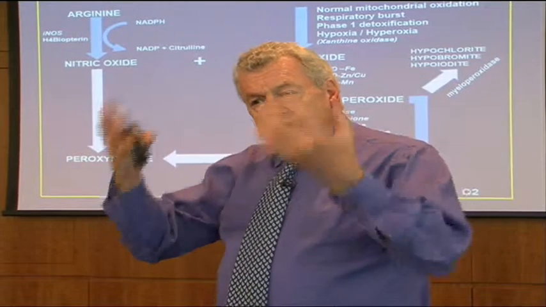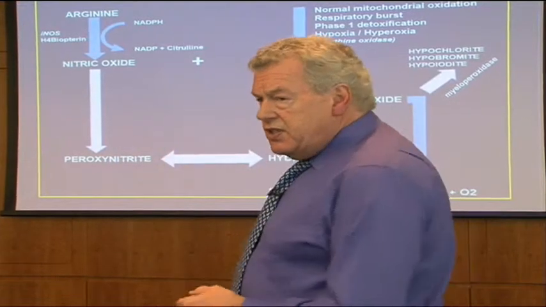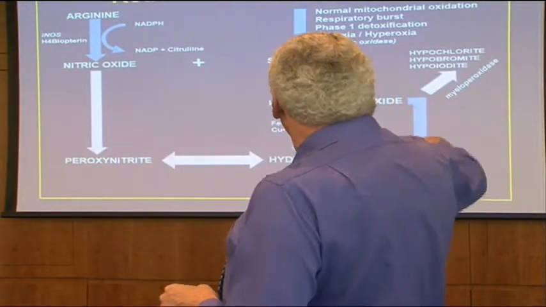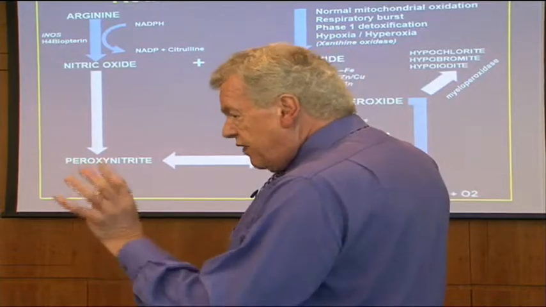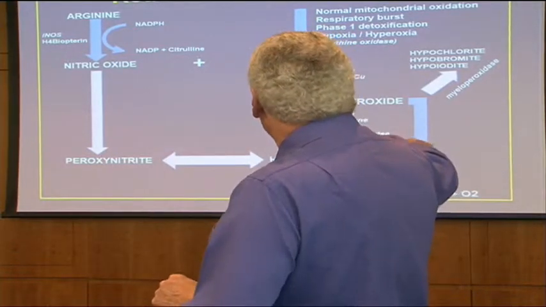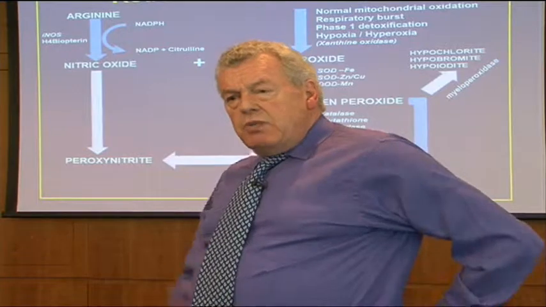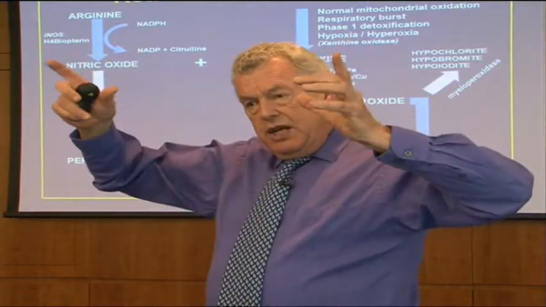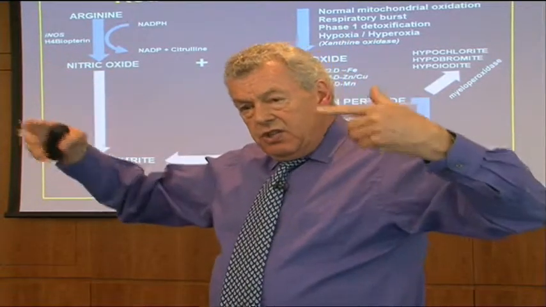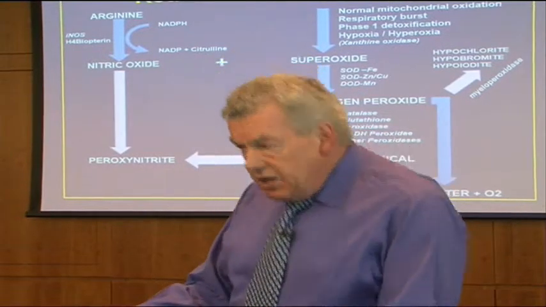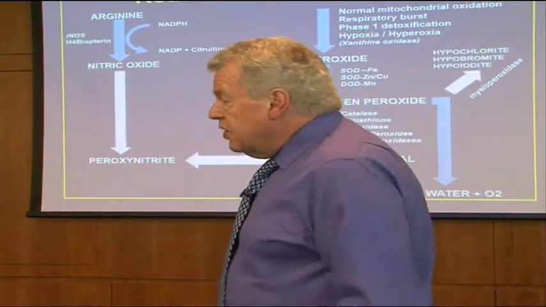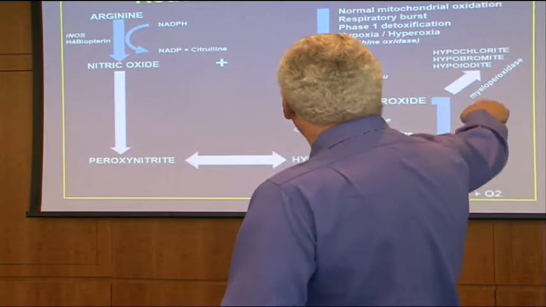So anything up to 5% of normal oxidative processes in all of us, in every cell, will produce superoxide, just 5%. But we increase that during a respiratory burst, which is when we increase our metabolic rate when we've got an infection. So we increase our body temperature. This increases the amount of free radicals that are produced in order to kill off infections.